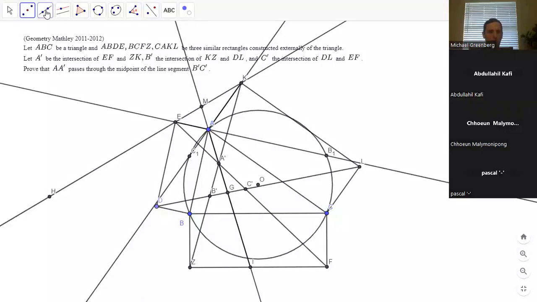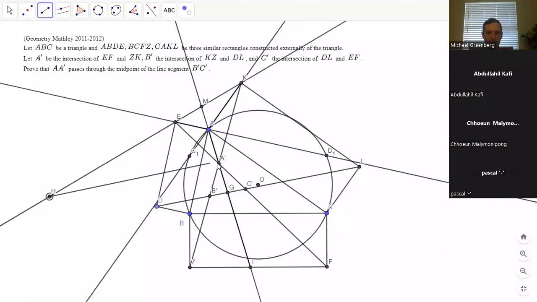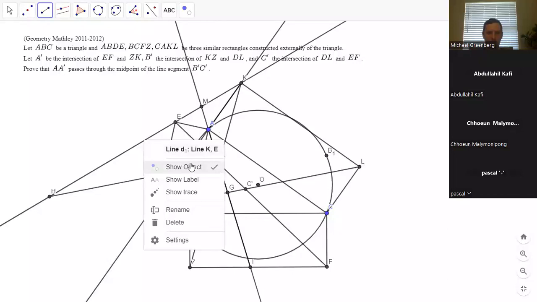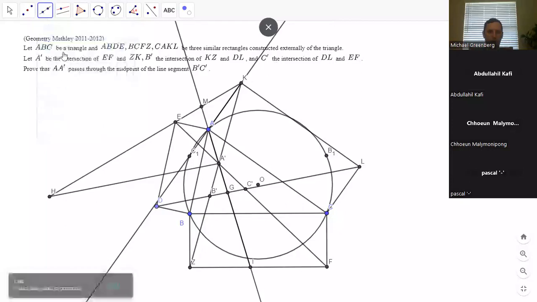And A prime H is parallel to DL. So that's how this figure works. Okay, let me hide stuff. So ultimately, I projected those, and now I need to project AH onto the circle.